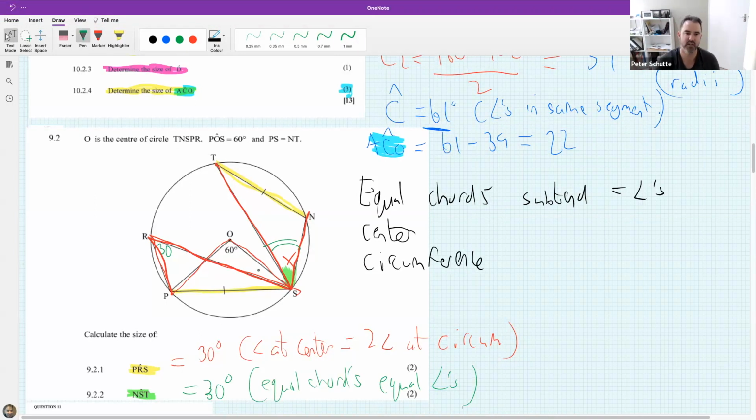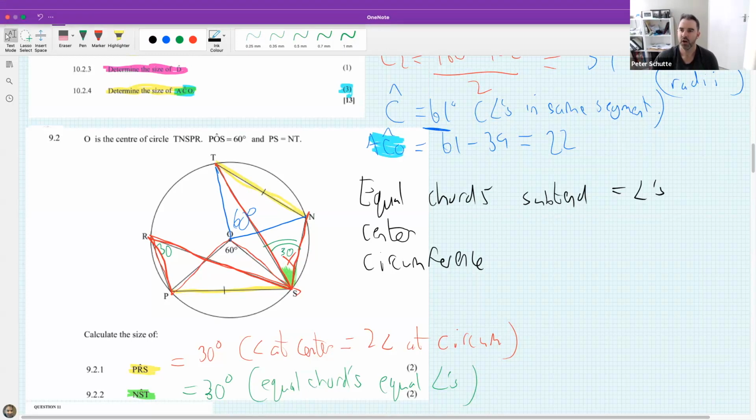So to give you a sense of how that worked, if you went to the center, that angle would have to be 60 because you know that chord made that angle at the center and it's the same chord. And then in this one, this would have to be 30 because you're making it at the circumference. Okay, so that is a theorem that doesn't get used all the time, but it does come up sometimes. And so it was important I showed it to you.